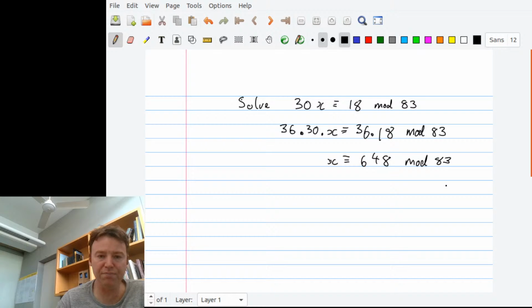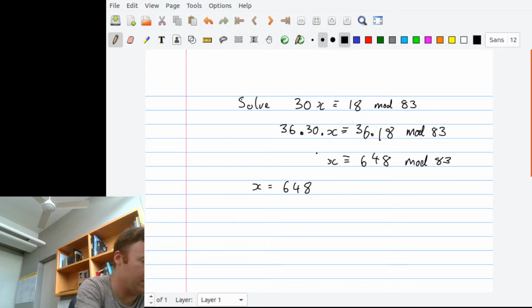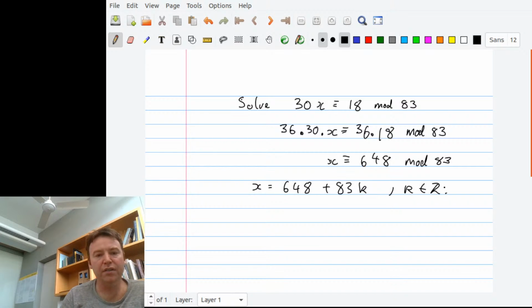So now I need to keep subtracting 83, which means x is equal to 648 plus 83k, where k is just some integer. I'm just going to try a few values of k here to get it in the right range.